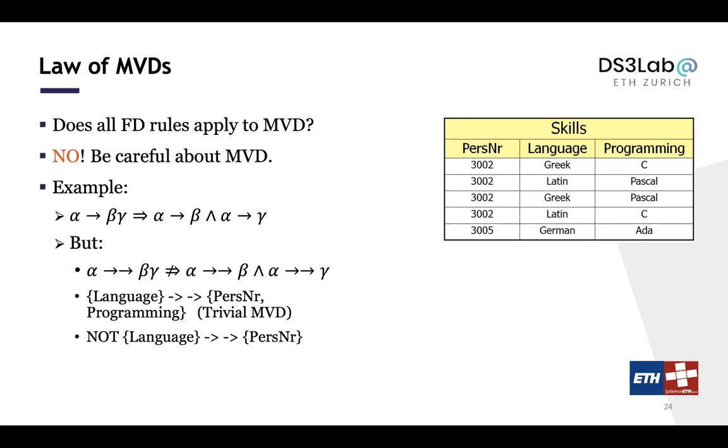So this is just one counterexample showing that you cannot apply the same type of inference rules as functional dependency to multi-value dependency. Whenever you are reasoning about multi-value dependency, you probably need to start from scratch, by thinking about all those inference rules that you know are true for multi-value dependency. And we talked about a lot of them in the previous slides.